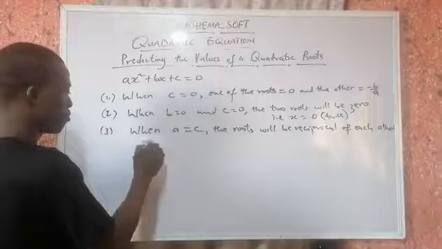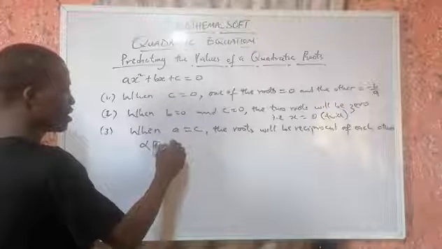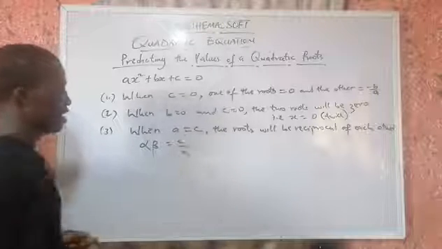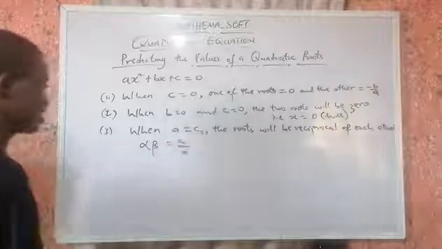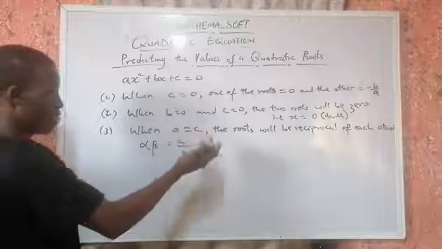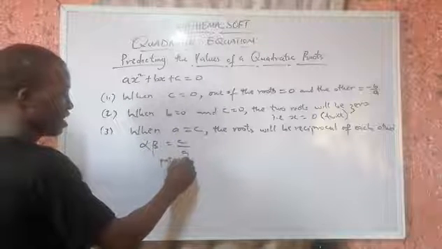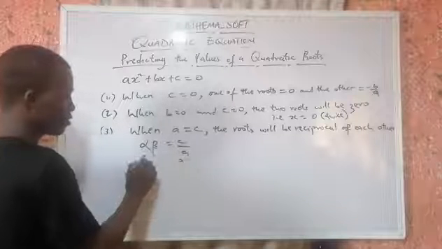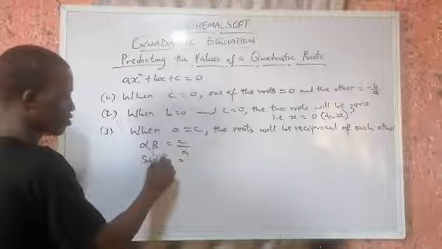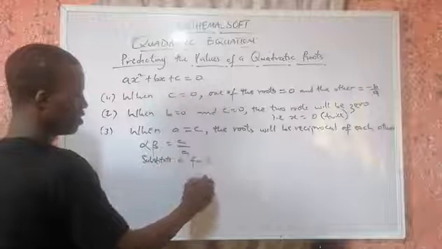We know that from the product of roots that we have done, that product of roots is actually equal to c over a. So in the case when your a is actually equal to your c, that is, they are of the same value, okay, so substitute a for c.